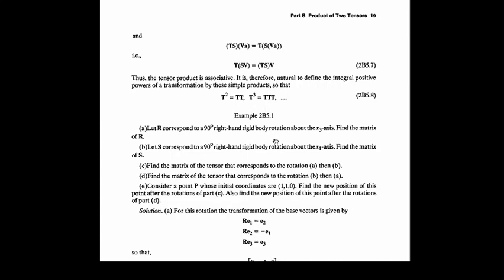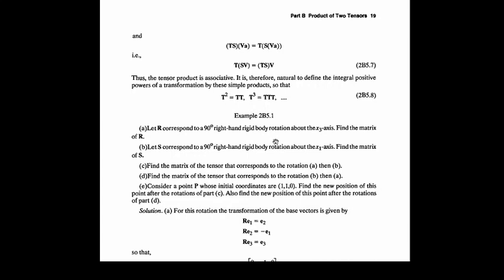When you draw this on your paper, you can see that the angle between E1 dash and E2 is 90 minus theta. So this cosine of 90 minus theta is basically sine theta.